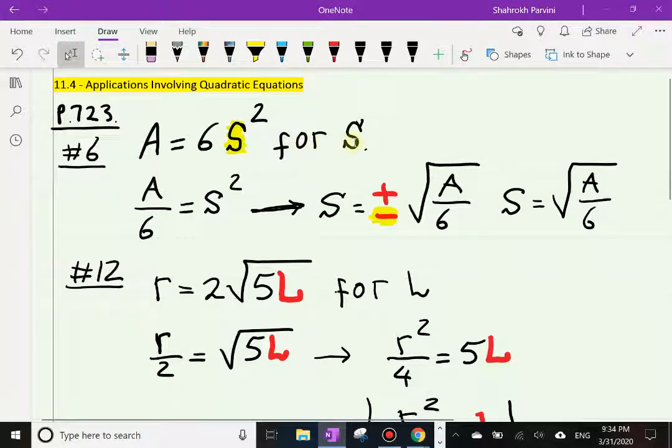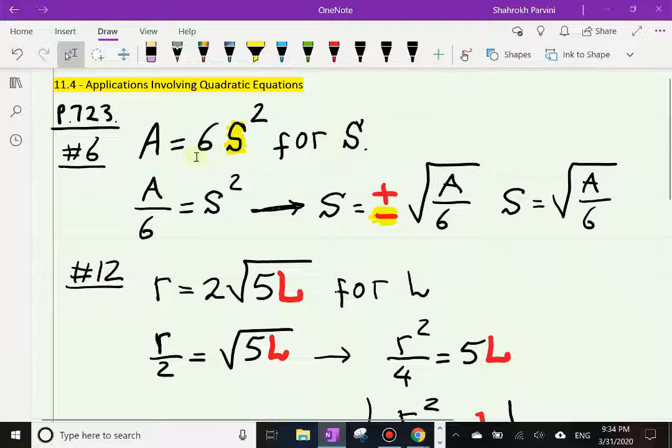Typically, the variable that we want to solve for, in this case s, we take to be the unknown, and if there are any other variables in the formula, we treat them as if they are constants. So the goal is to isolate the variable we want to solve for, in this case s.